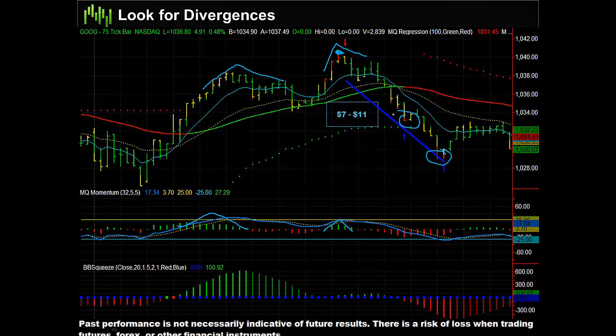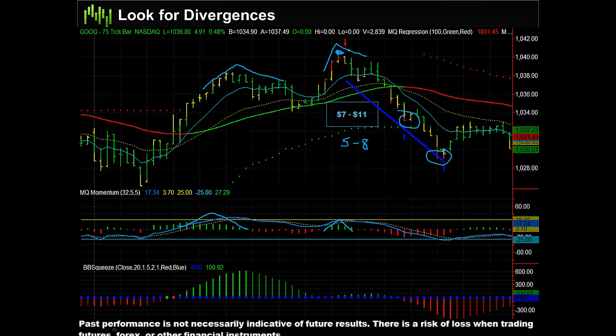Okay, it's a delta 70 option. Then you multiply $7 times 0.70, and $11 times 0.7, and just to keep it simple, we'll say that is about $8.